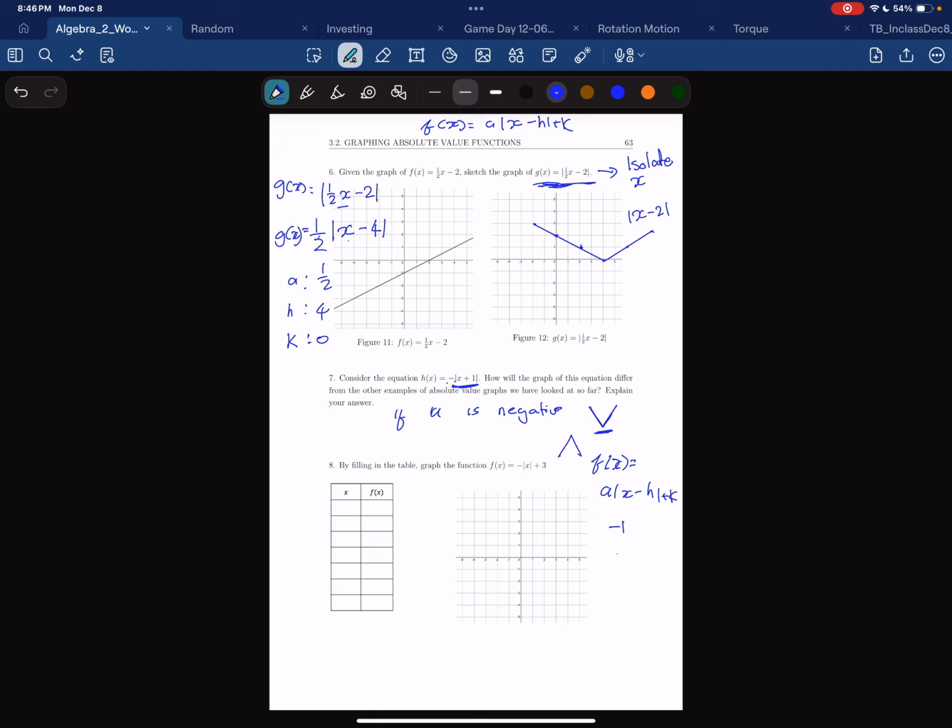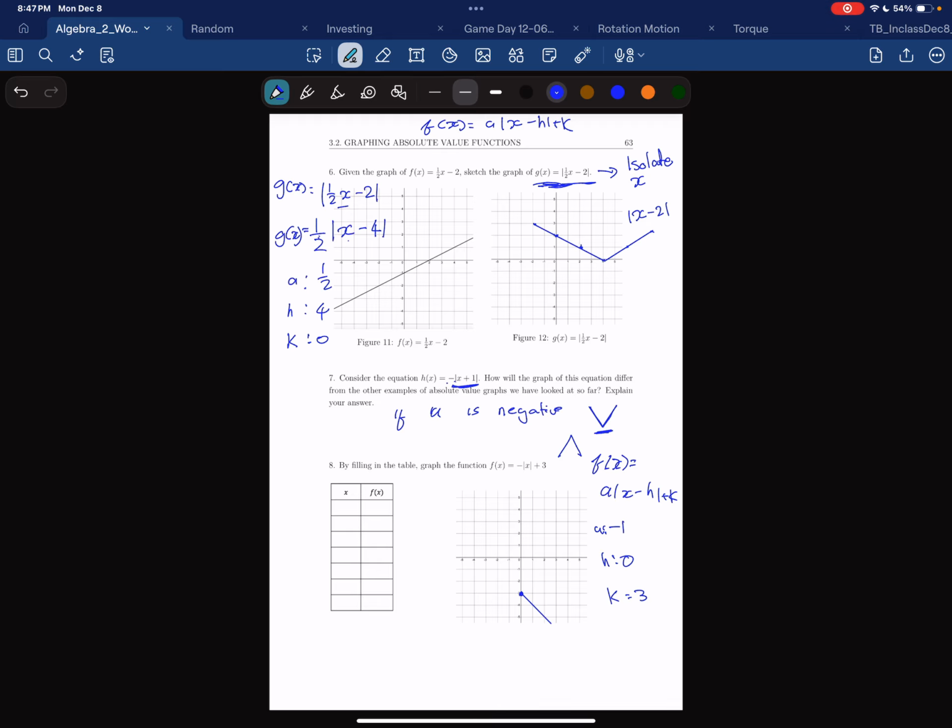And then what's H? H is 0. I don't have an H. And then my K is 3. So K is on the y-axis, so x is 0, y is 3. So I go there. And then a slope of -1. So it just points down as a V.